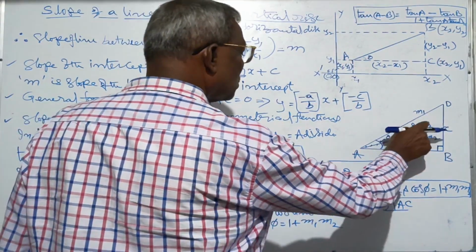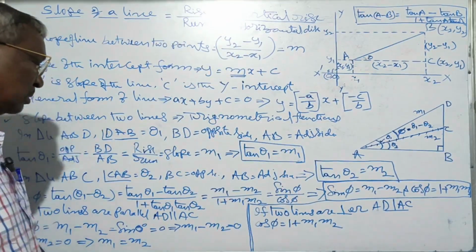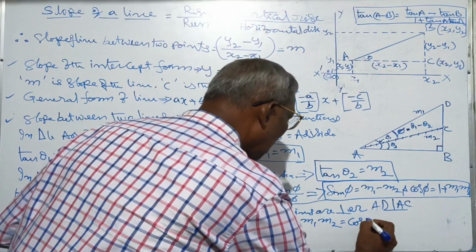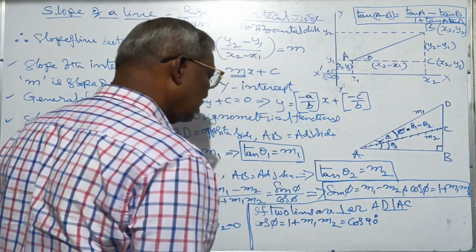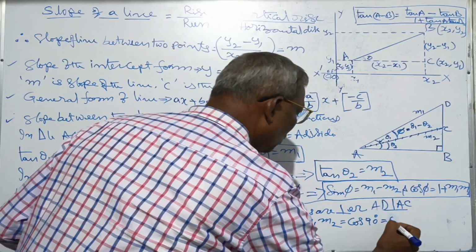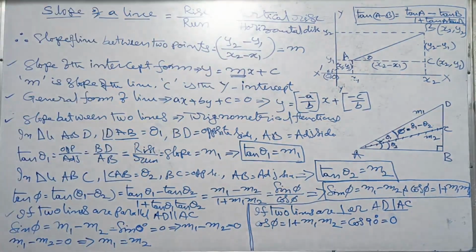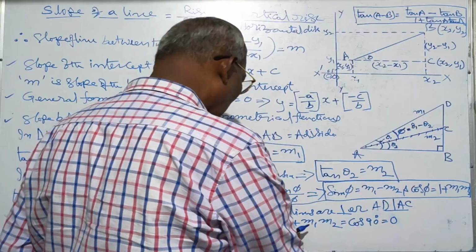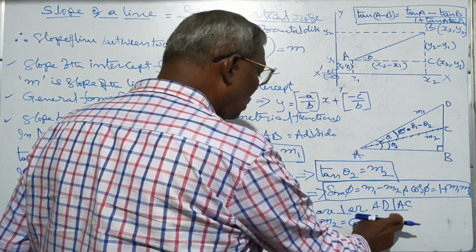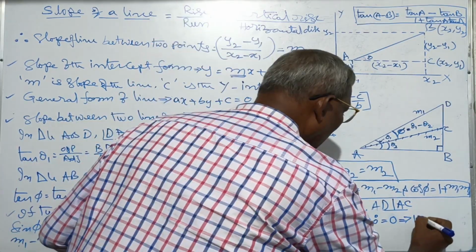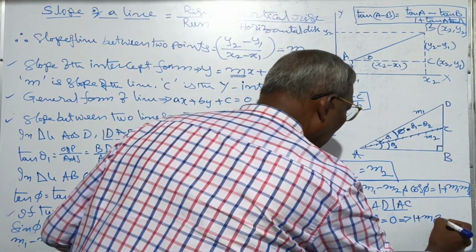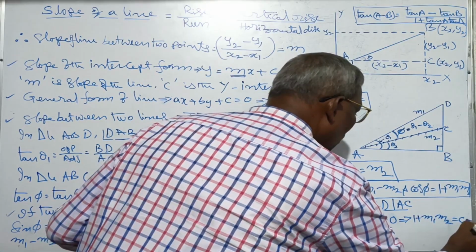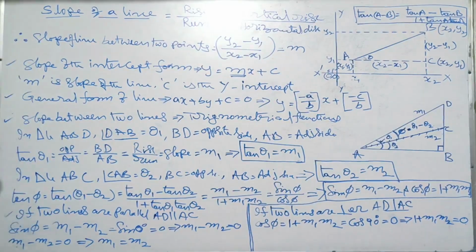That difference of angle is equal to 90 degrees. So cos 90 degrees is equal to 0. Therefore 1 plus m1 m2 is equal to 0.